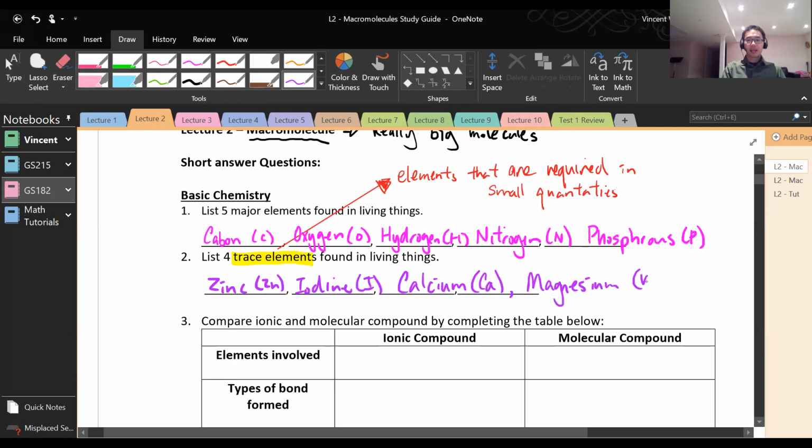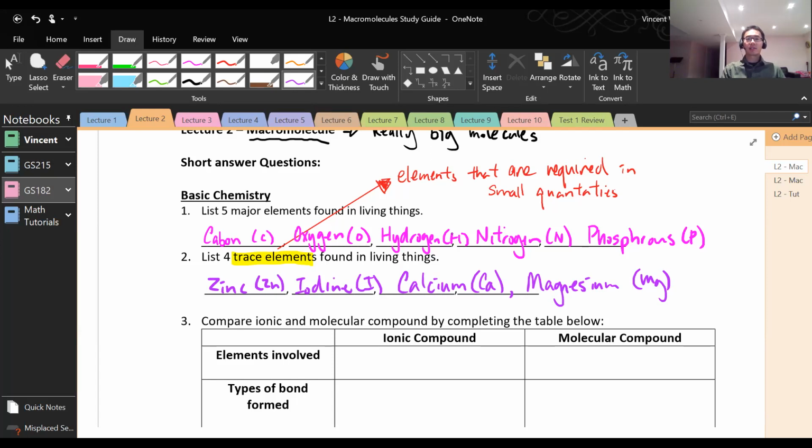Magnesium, Mg. It's important to know that when we write down these trace elements, we are not talking about them existing in their elemental form. When I say you have calcium in the body, it's not the pure calcium. You might or might not know that pure calcium actually will explode in the presence of water.